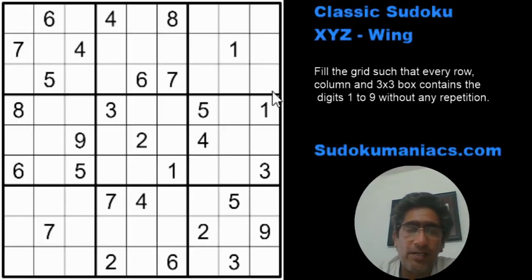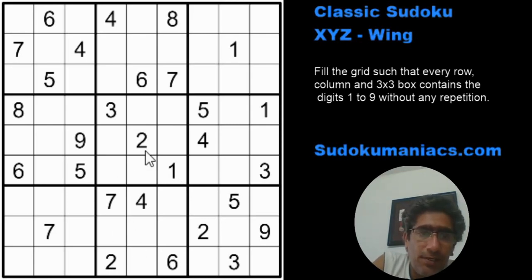So let's go ahead and solve this classic Sudoku, and let's see how to identify that XYZ wing and use that to solve the Sudoku. Let's start off with our basic thing. I have a 2 here, a 2 here, and this would be a 2. 7, 7. This is a 7.